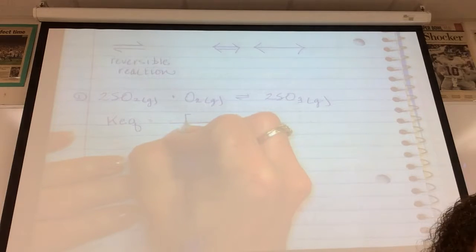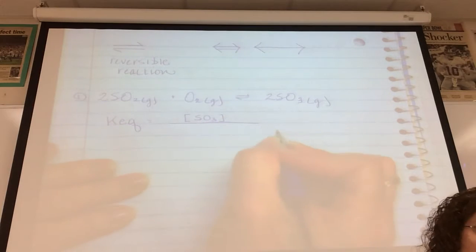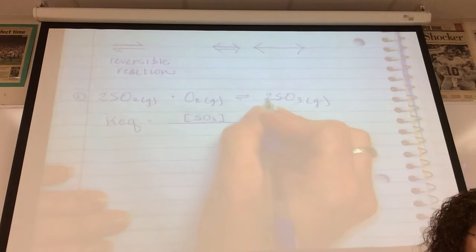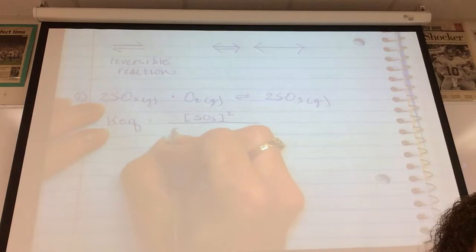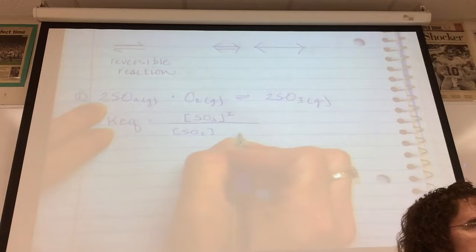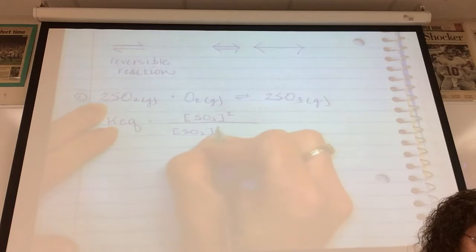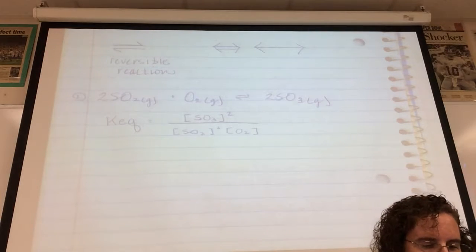So brackets for concentration of the product, and I'll raise it to what power? 2, because of the coefficient of 2. Now reactants. Sulfur dioxide raised to what power? 2. Oxygen. 1. Done.